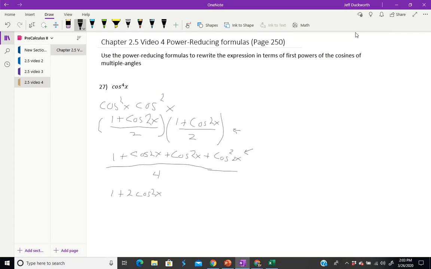Here we have 2x, so we're going to have to take 2x and multiply it by 2. So ultimately, we're going to get this. I'm going to write the fraction up in there, even though it's going to look a little wonky. And remember, all of this is still over the 4.